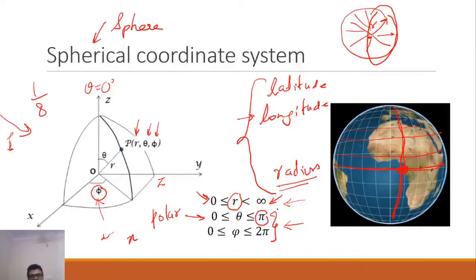The opposite side of the positive z-axis is negative z-axis, and to reach there we need to move 180 degree, that is pi. And phi I don't need to explain, because we have already understood in cylindrical coordinate system, to move a complete circle on the horizontal plane we need this complete movement, which is from 0 to 2 pi. That is how we need to understand all these three coordinate systems.